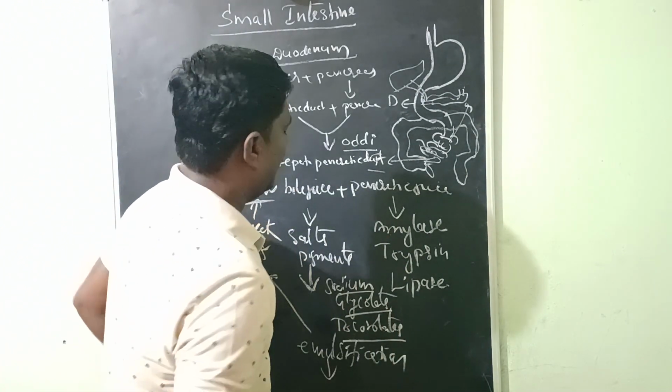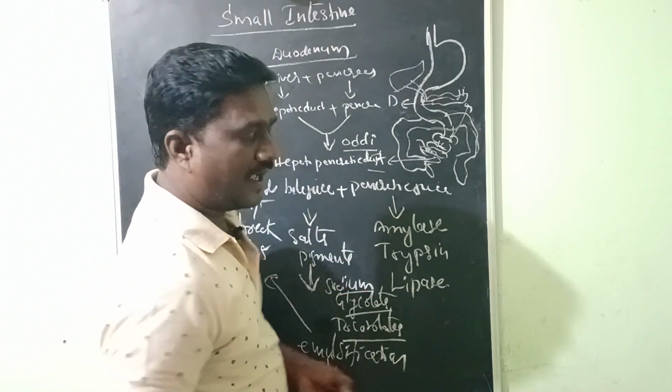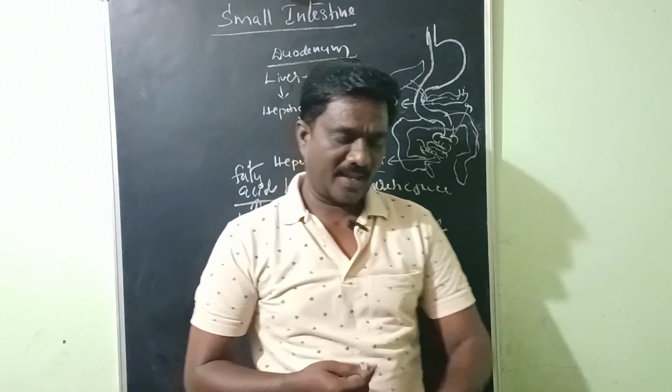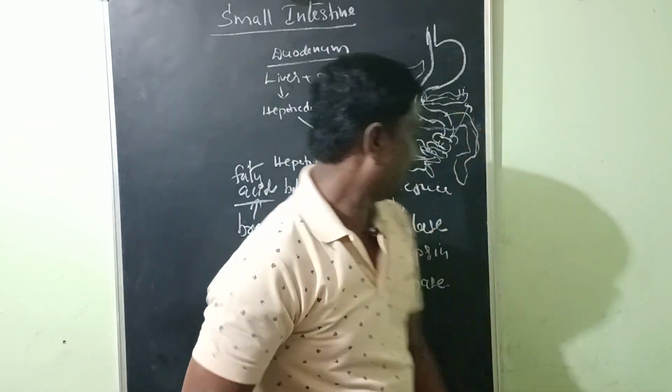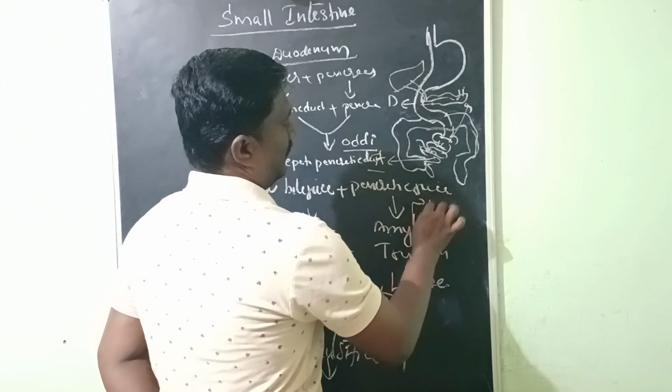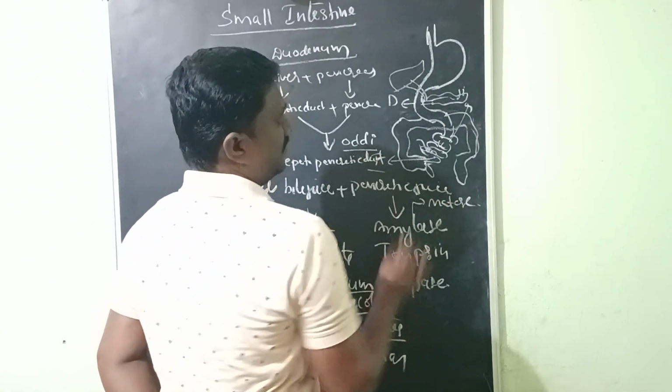Next, amylase acts on the carbohydrates and changes them into maltose.